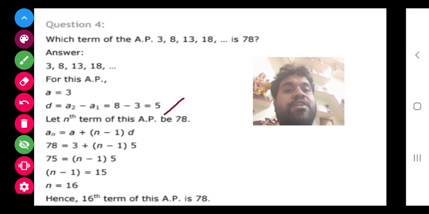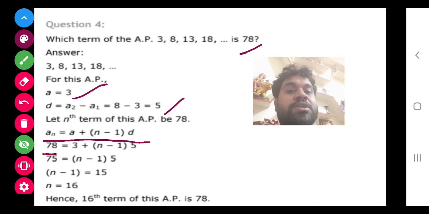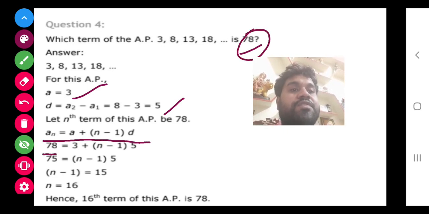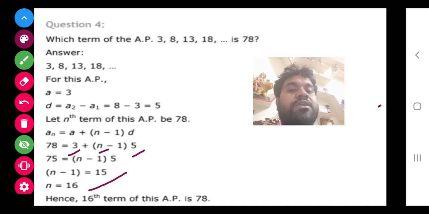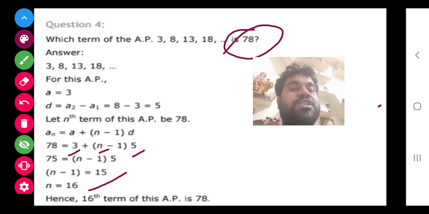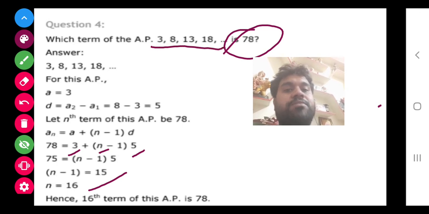So d we have determined, a we have determined. Now using this formula, 78 is our an, a is 3, n we have to determine, and d is 5. On solving, we are getting n equals 16. So this will be the 16th term of the given AP.